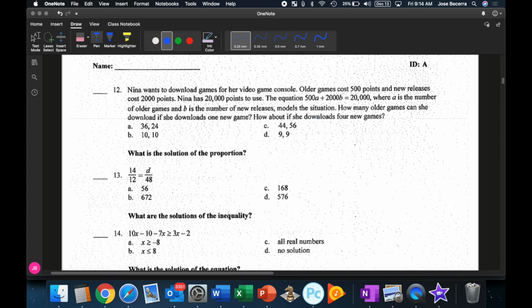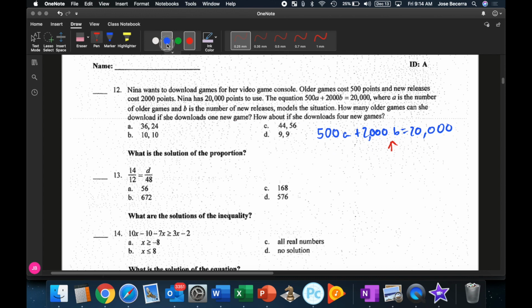Okay, I can see that. But to actually work it out, this is what you would do. You would take your 500A plus 2,000B is equal to 20,000. Okay? And you would go ahead and plug in a 1, right? If she downloads one new game, you would plug in a 1 there.